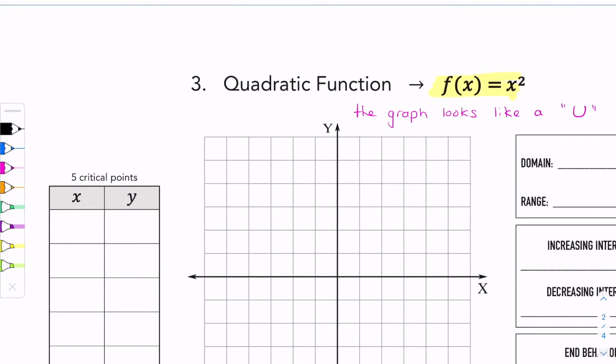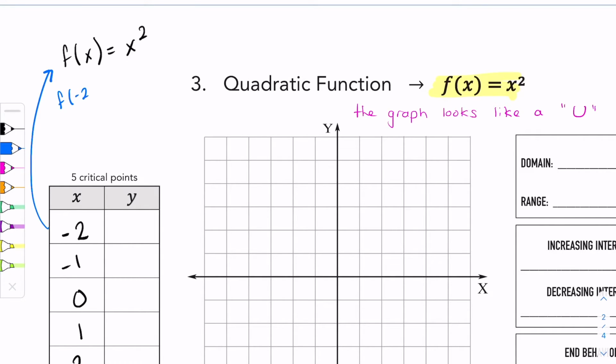We're going to test the same 5 critical values, -2, -1, 0, 1, and 2. We're substituting these points into the function f of x equals x squared.